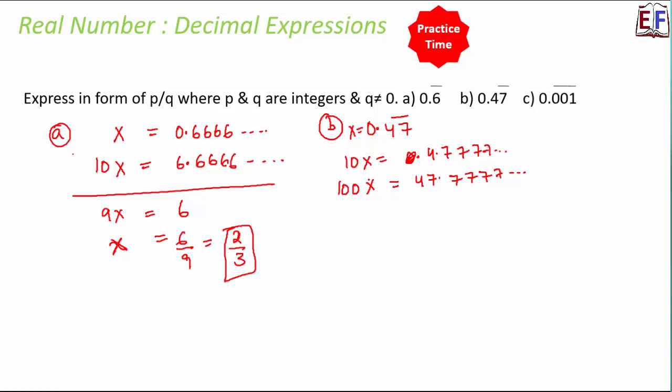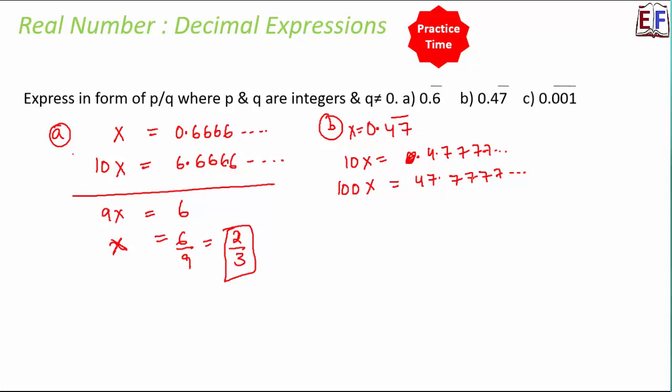Now, why did we multiply it by 100x as well? Because if we multiply it by 10x, even if we subtract these two, it will not solve the purpose. We want to subtract two such equations such that after the point we just have the repeating number. But in this case, that's not happening because here it is 0.777, but in the first case, it is 0.4777. So we want to get rid of that 4 as well. Correct? So we found 10x, then we found 100x.